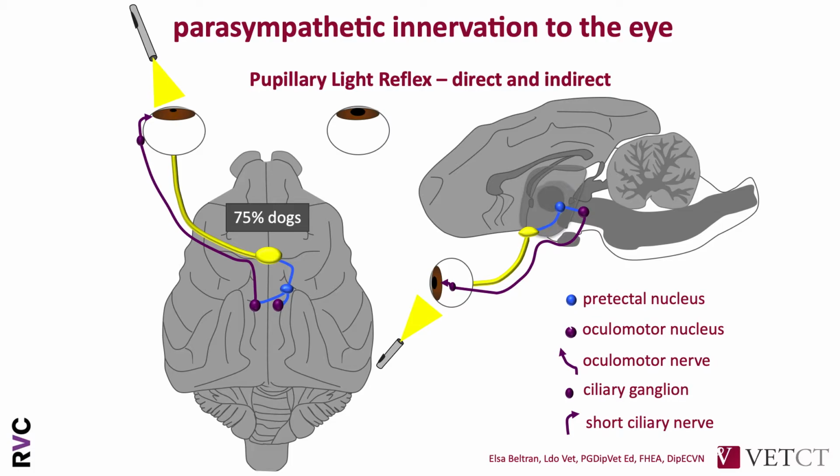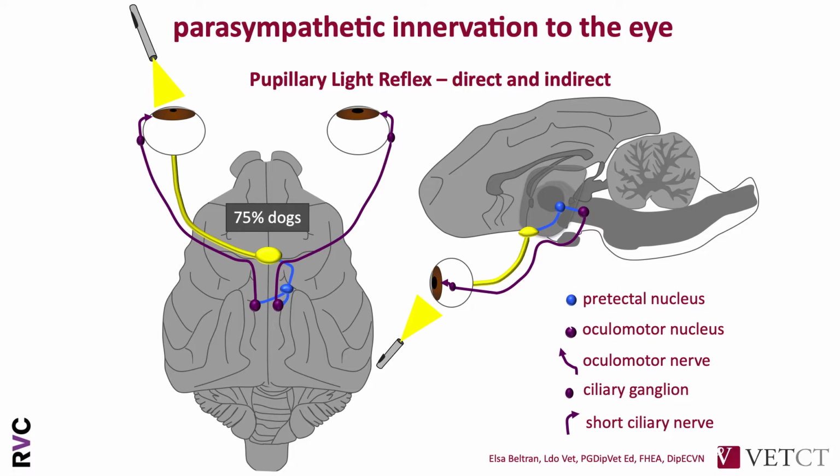In this case, around 25% of fibers in dogs will synapse at the level of the oculomotor nucleus, becoming your preganglionic neuron. It synapses at the level of the ciliary ganglion with the postganglionic neuron, giving the short ciliary nerve, which will contribute to your indirect PLR. As I said, remember, this is a reflex, and therefore everything happens below your thalamocortex.